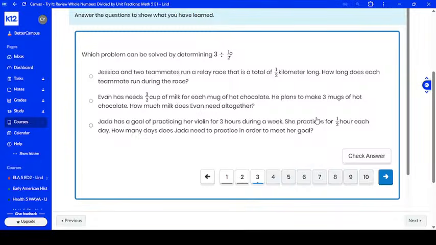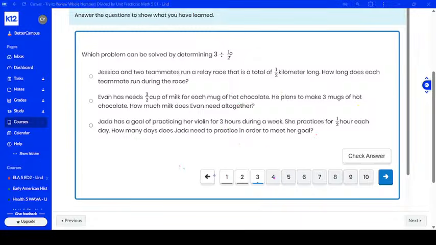Which problem can be solved by determining 3 divided by 1/2? Jessica and 2 teammates run a relay race that is a total of 1. Is it A, the first one, B, the second one, or C, the third one?